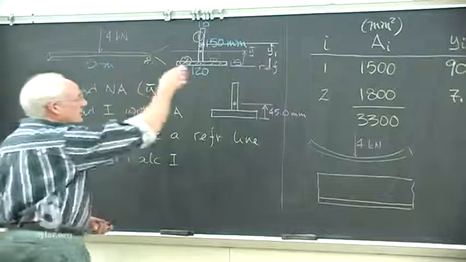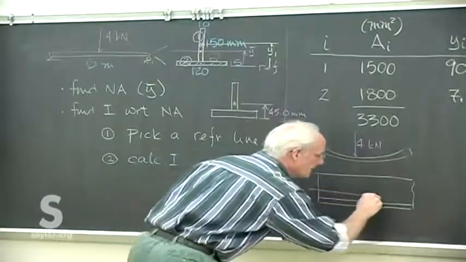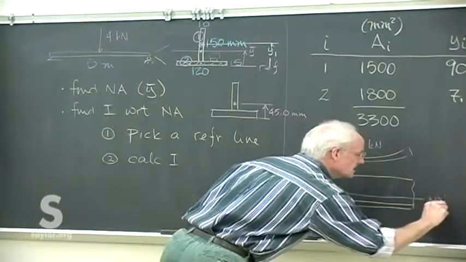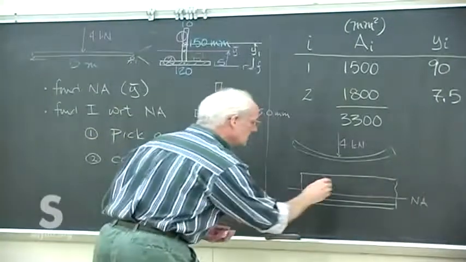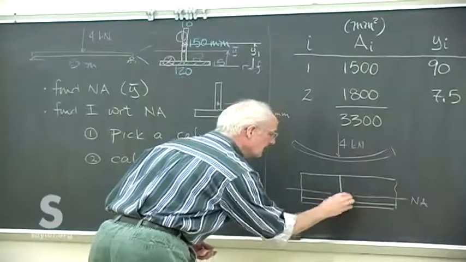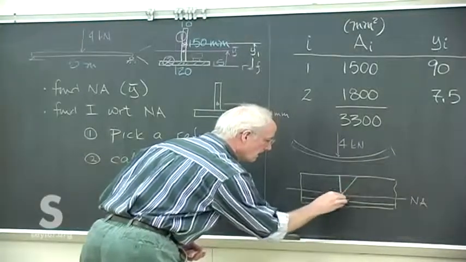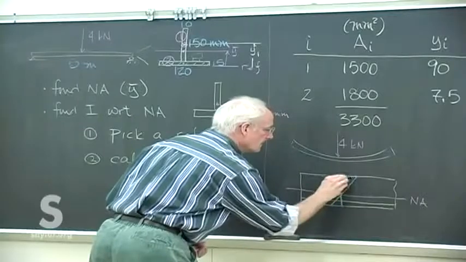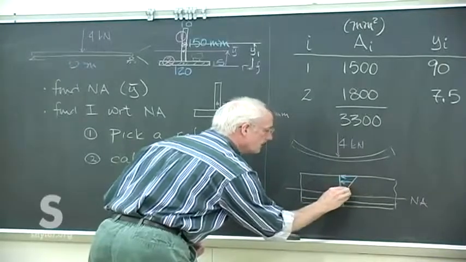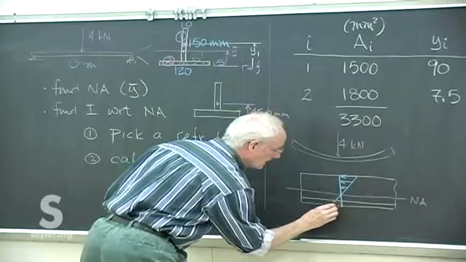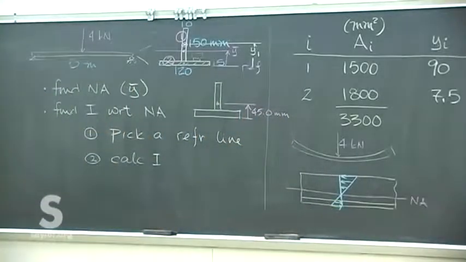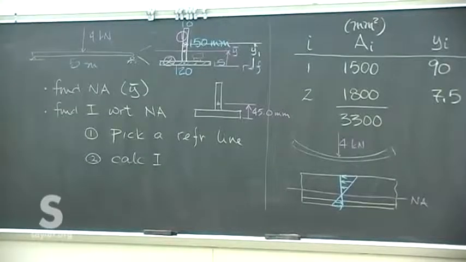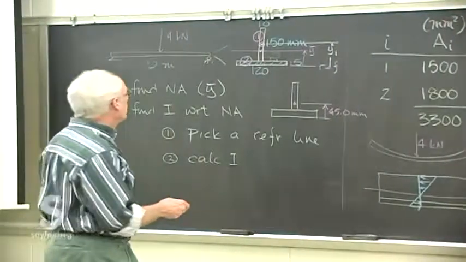And we know that 45 millimeters up from the bottom is this neutral axis, and that our stress distribution is linear about that. We'll have compression along the top because of that type of bending, and tension along the bottom. And in fact, we can even figure out how much now.